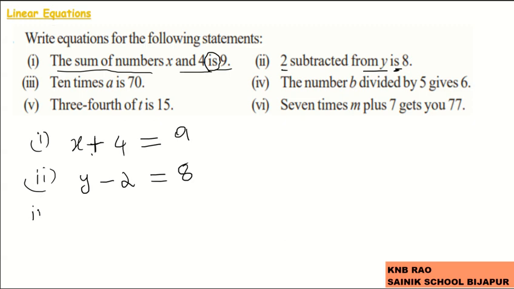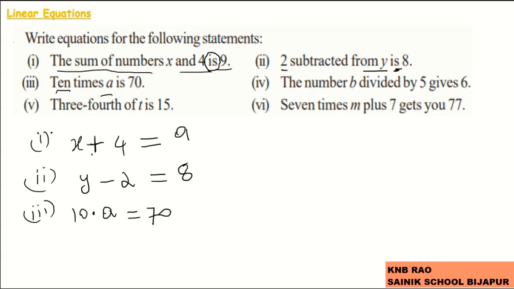In the case of the third one, 10 times a is 70. Times means product, so 10 into a is 70. Normally in algebra, even in simple equations, the multiplication sign is used with the help of a dot.